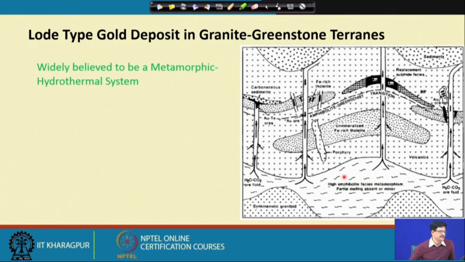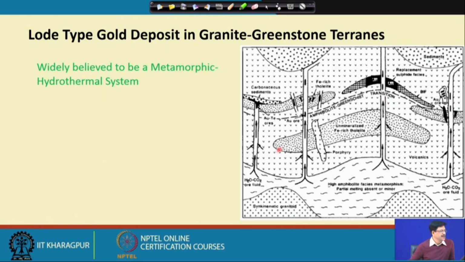which is liberated during the process of metamorphic devolatilization is efficient enough to carry gold in substantial concentration, and the popularly held belief is that the maximum amount of gold is deposited after the amphibolite greenschist transition, and that is how the rich deposits are mostly observed in the shallower part, although mineralizations continuing up to higher amphibolite or even granulite grade are also observed in some of the deposits.